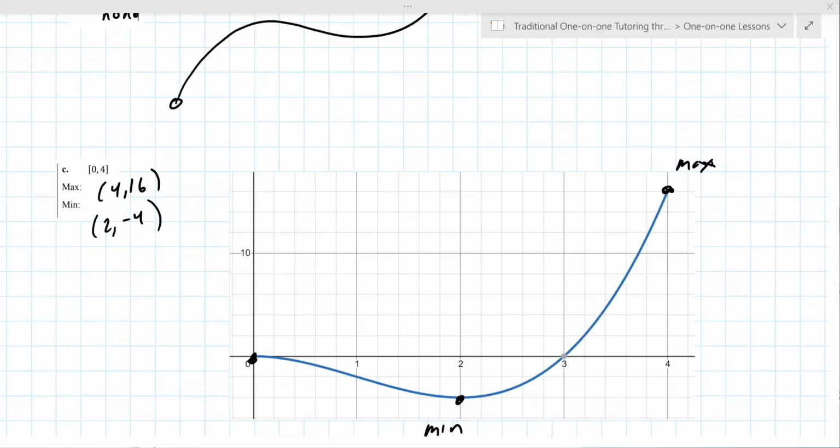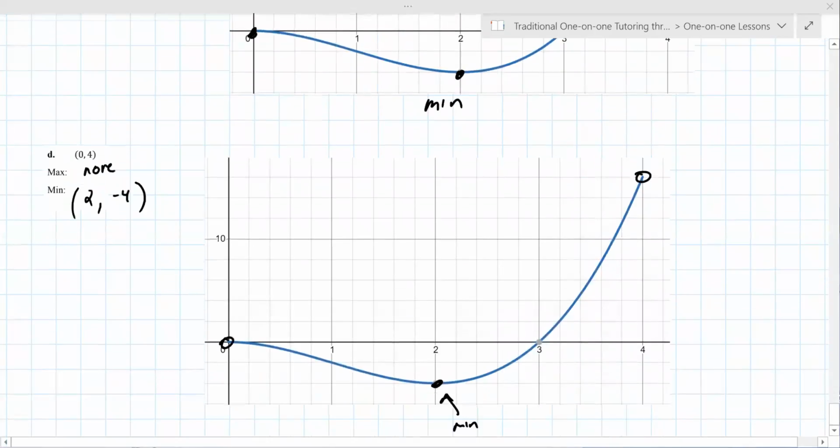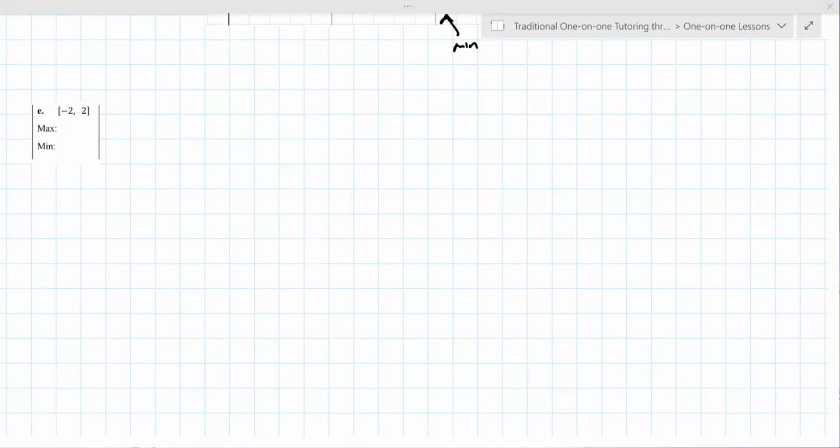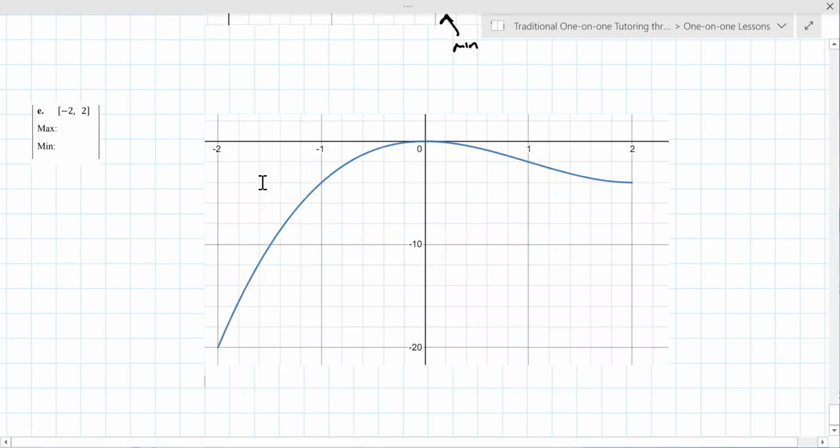So the next one is just -2 to 2. You really have to graph it again, and that's what I'm going to do here by changing the window, -2 to 2. It's so much easier to do in Desmos. In yours, you have to change your X min and X max each time.